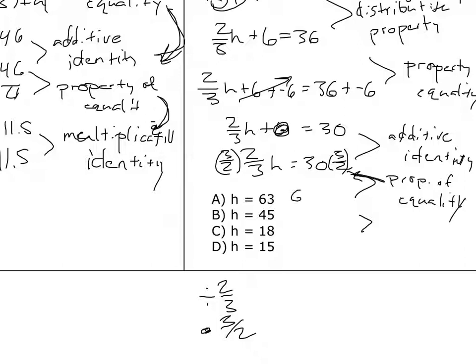That's going to give me 6 over 6 h is equal to 90 over 2. This is really just a multiplication of 1, so again we see that multiplicative identity leads us to our answer.